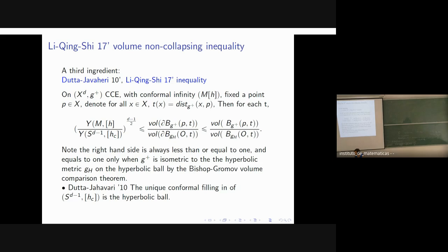The LQS inequality is derived by looking carefully at Dutta-Jevahiri's proof of the uniqueness of hyperbolic metric, and then reformulating the statement. The other thing is, it turns out in the Dutta-Jevahiri proof, they didn't handle the cut locus points of the manifold, so there is more detail to fill in. So here is the inequality.